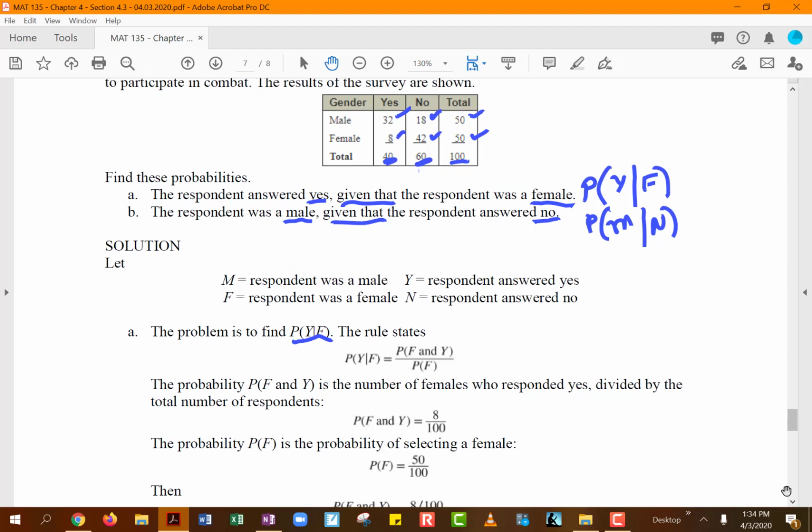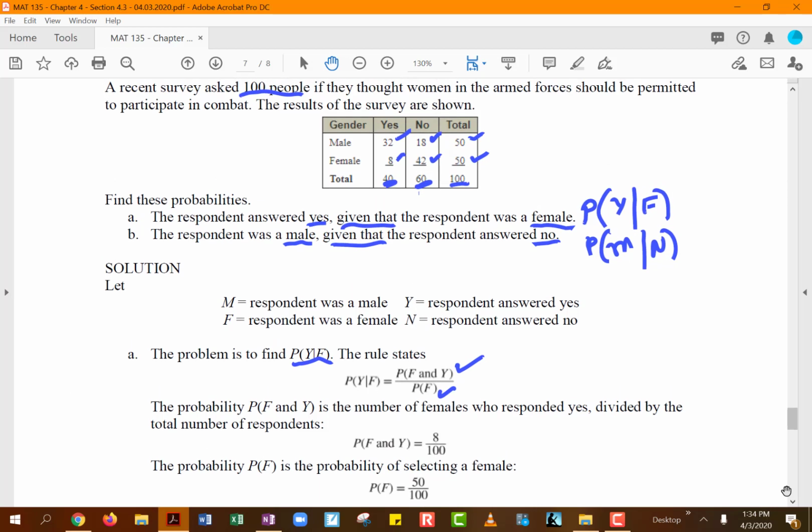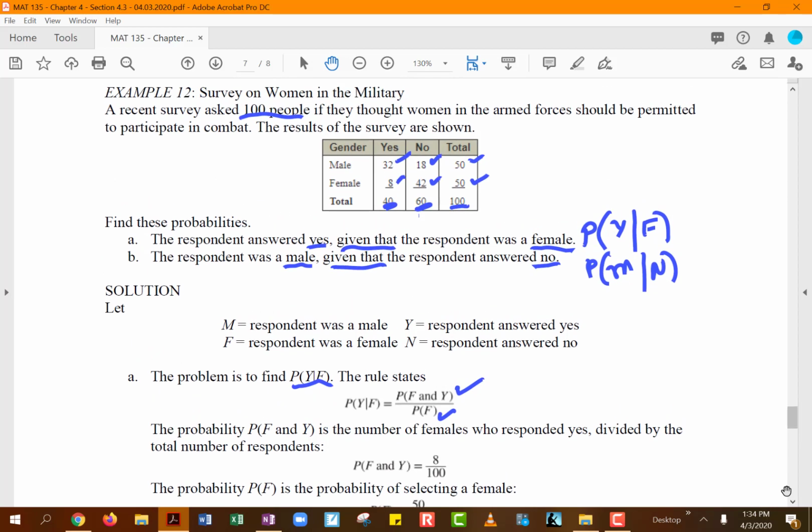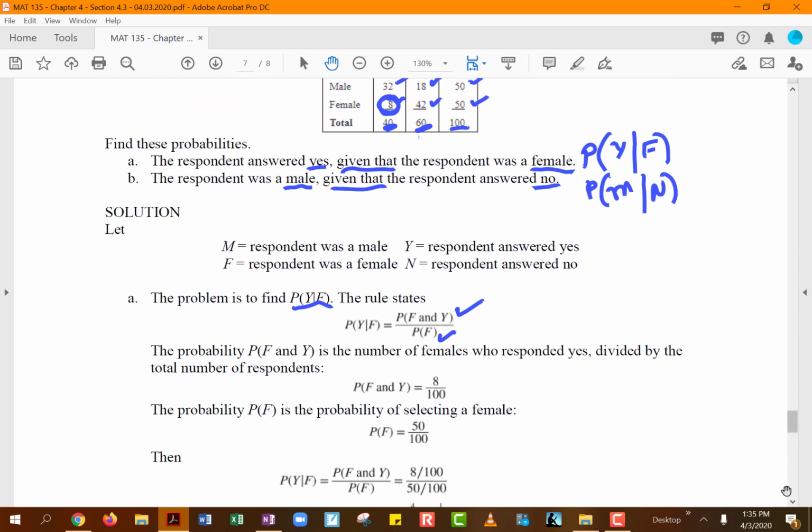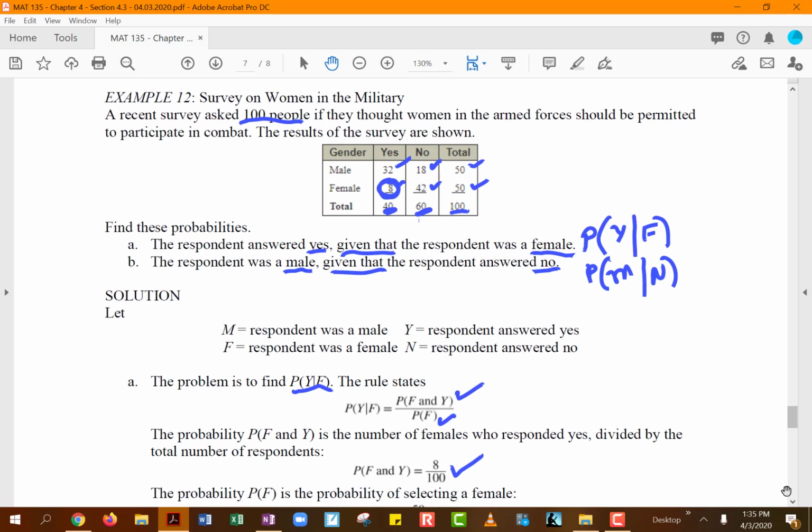So our first one, we're trying to find, they said yes, given that they are female. So remember, using the rule for conditional probability, your numerator will be the probability that they are female and said yes, divided by the probability that they are female. Okay, so let's go back to our table. They are female and said yes for our numerator is going to be 8 people right here, right? So that's going to be your probability of 8 out of a total of 100 people. And then probability that they are female, well, we know there are a total of 50 females.